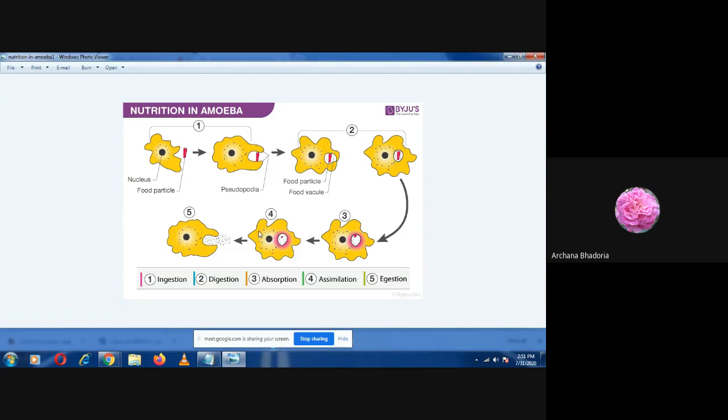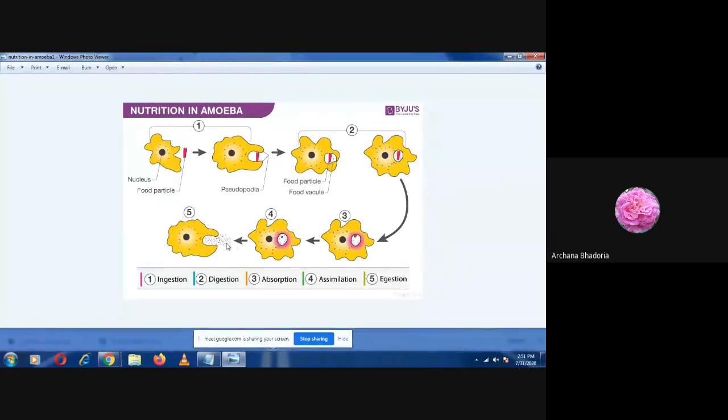That vacuole containing the leftover substances or the waste matter will come near the cell membrane and it will burst. This is showing the fifth stage. It is coming outside.